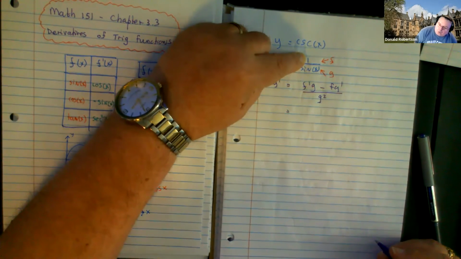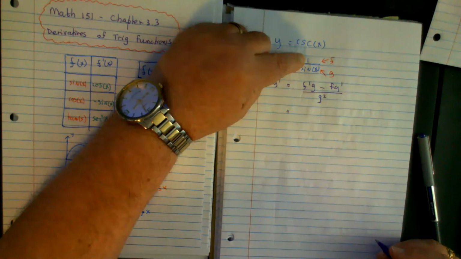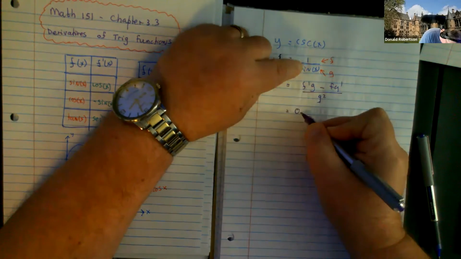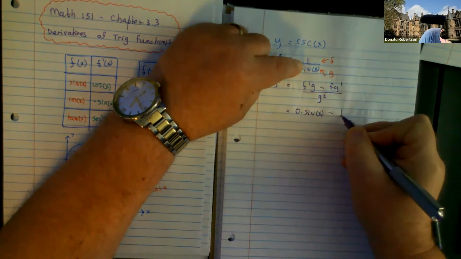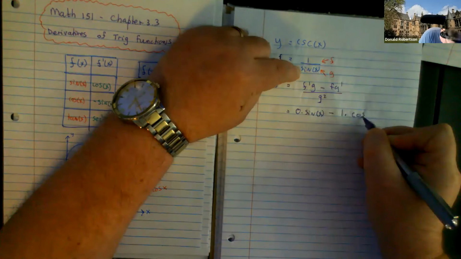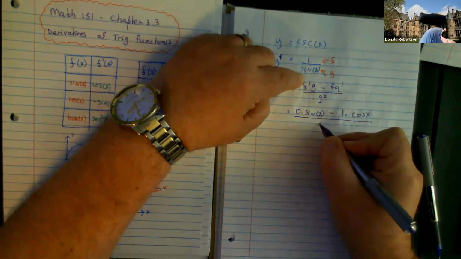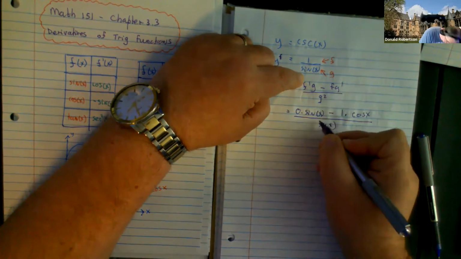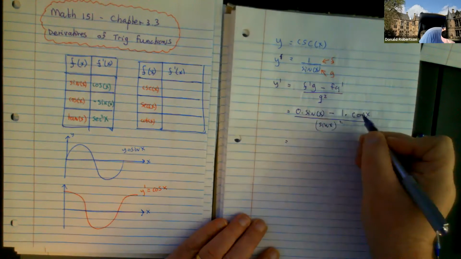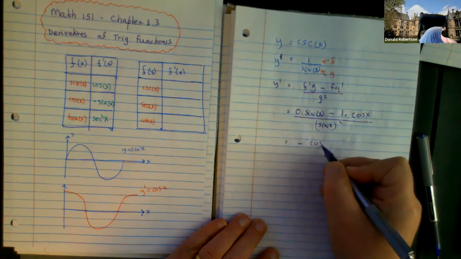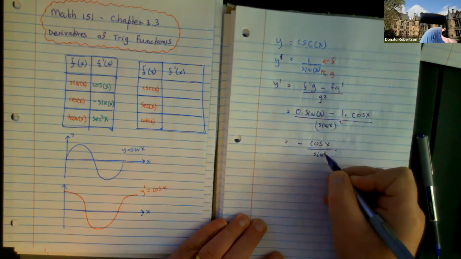What's the derivative of 1? 0. So it's going to be 0 times, leave the bottom alone, take away, leave the top alone, and differentiate that guy to get cosine x. And then you take this guy, which is sine x, and you square it. And that's nothing, and that gets you negative cosine x. And on the bottom, you get sine squared x.